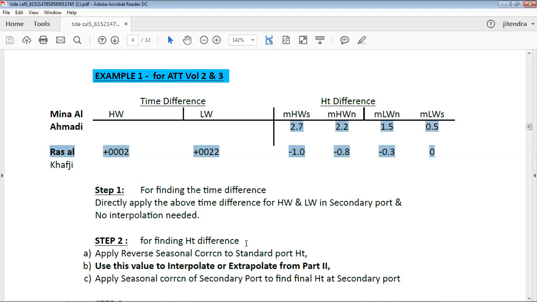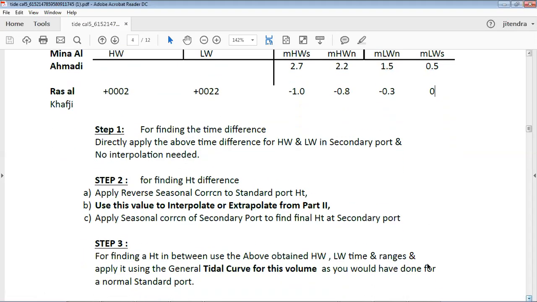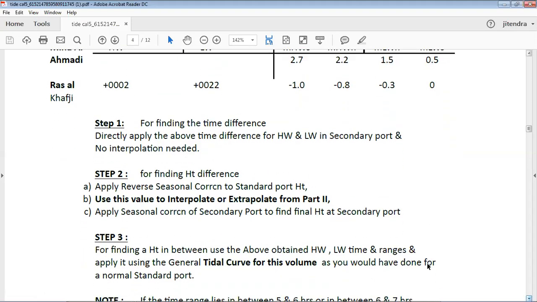Now for finding the height difference, first, same as we did previously, we apply the reverse seasonal correction to the standard port, and whatever value we get, we interpolate from this, or we can even extrapolate as we discussed for height. Then we apply the seasonal correction for the secondary port, and we will get the height.